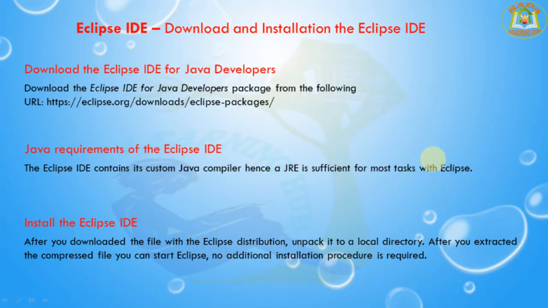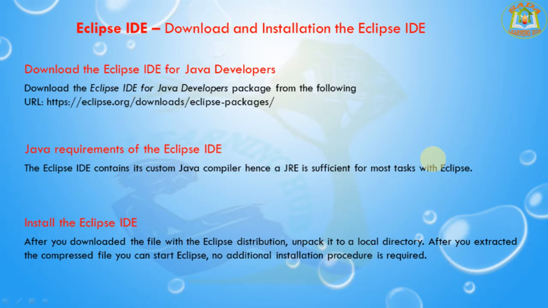Next, I'm going to discuss installation of the Eclipse IDE. In this installation, we need to follow some steps. The first one is the Java requirements for the Eclipse IDE. The Eclipse Neon release requires Java 8 to run.